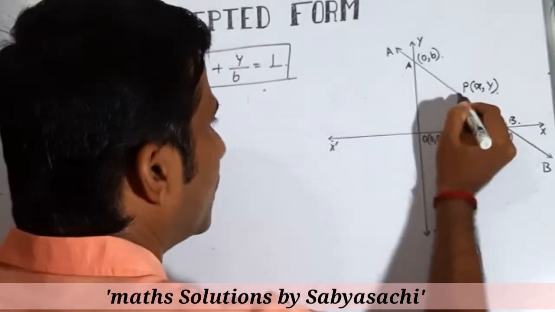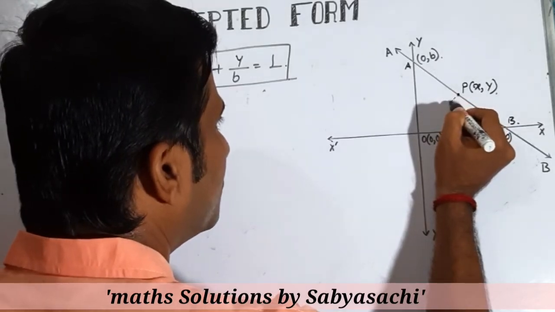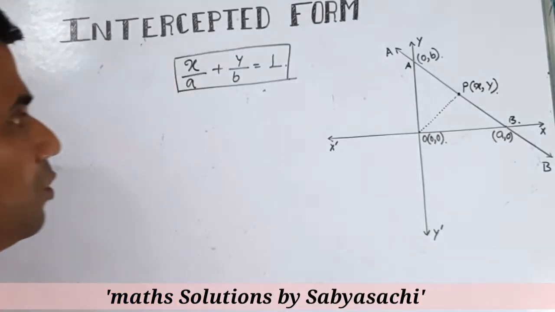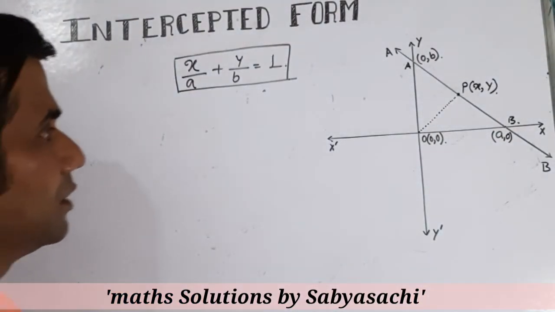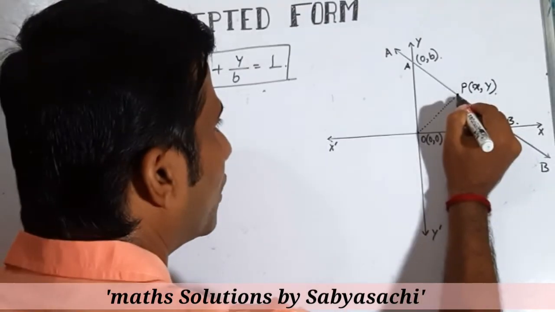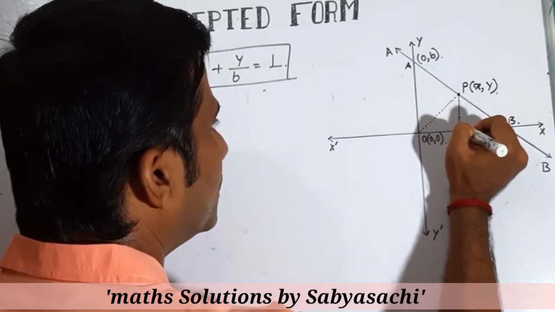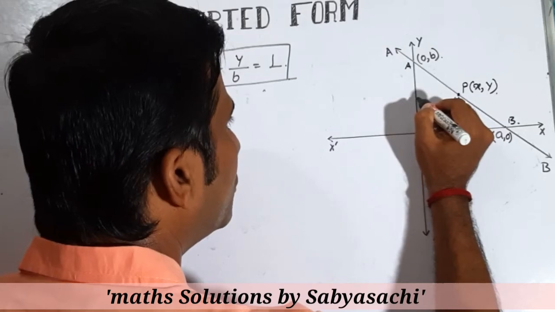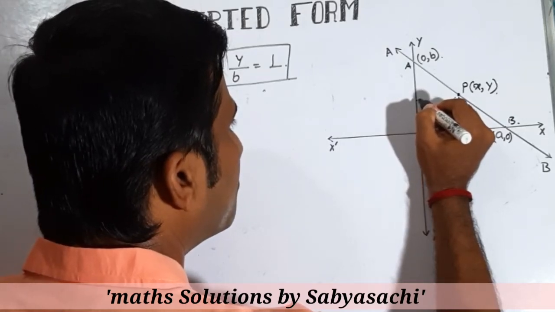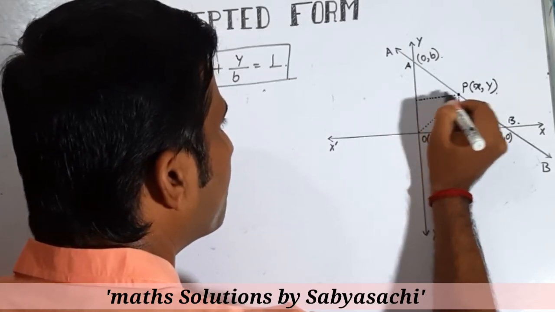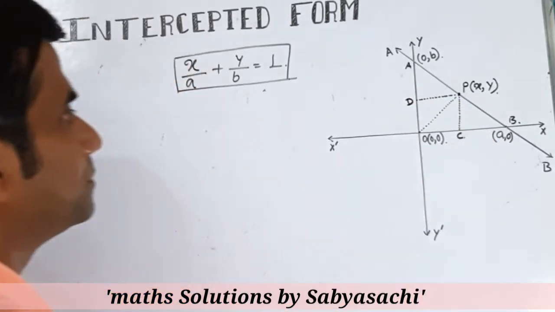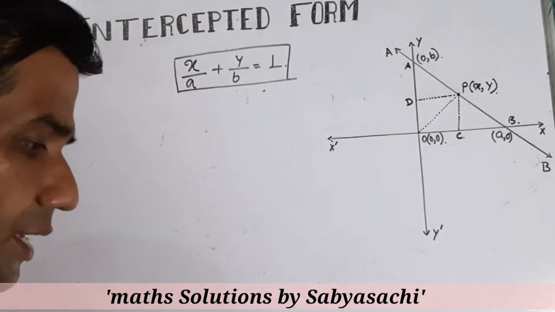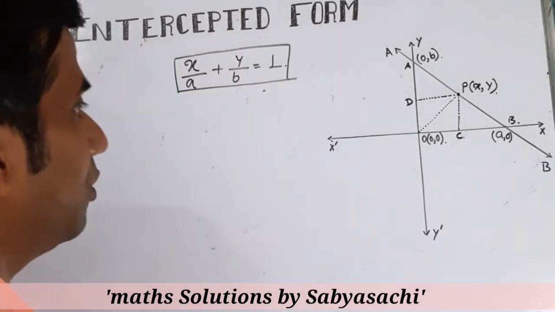We draw OP, and then we draw perpendiculars from P to C and P to D.